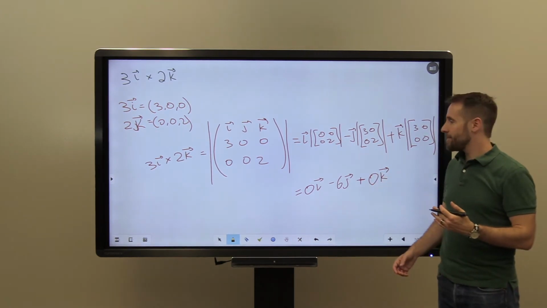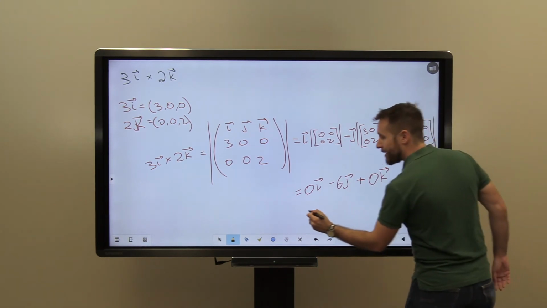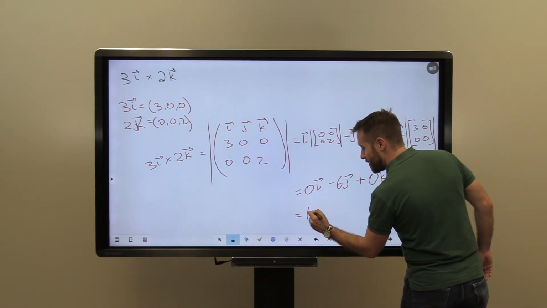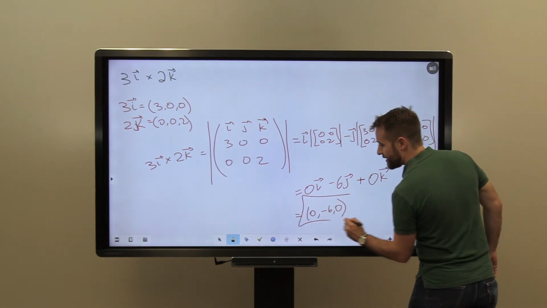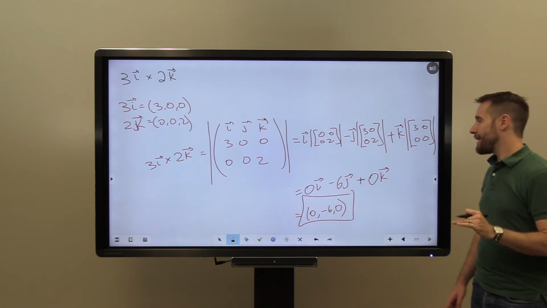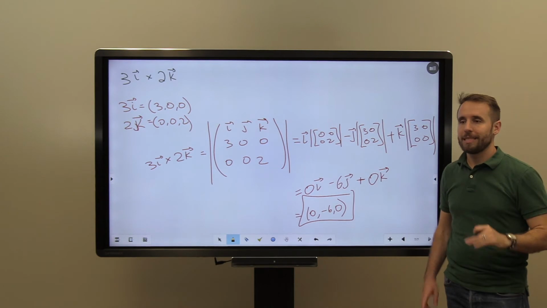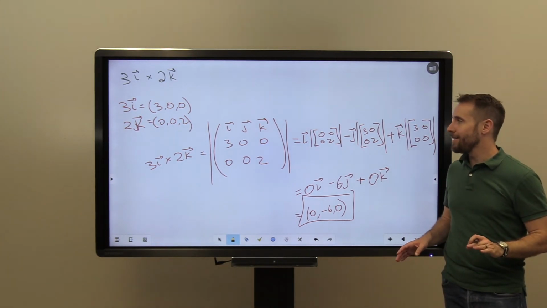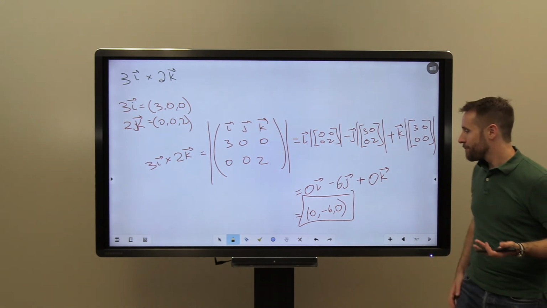So 0i minus 6j plus 0k, we end up with just negative 6j, or (0, -6, 0) as our answer. So 3i cross 2k is actually equal to negative 6j. A perfectly valid, if slightly dull to watch, computation.